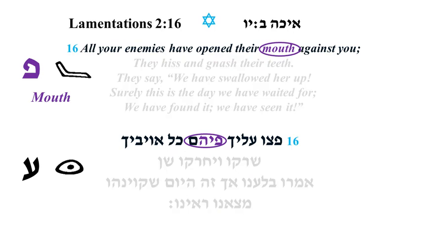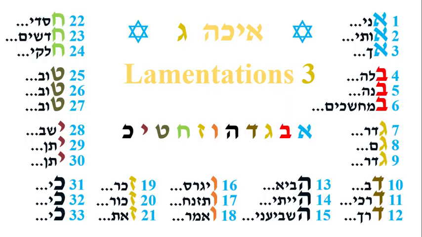Okay? Let's jump to Lamentations 3. Lamentations 3 has 66 verses. Well, that's interesting because 66 can be divided by 22. And look, the first 3 verses are Aleph. Then the next 3 verses, 4, 5, and 6, begin with Bet. 7, 8, and 9 begin with Gimel.